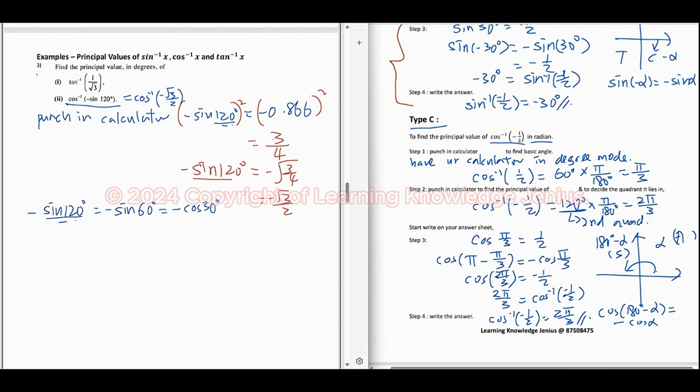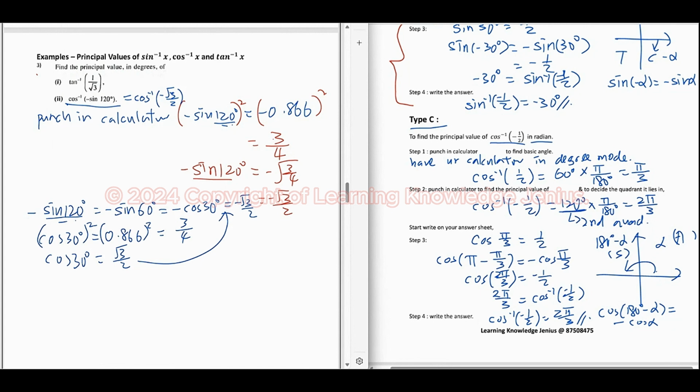But actually there's no point converting to negative cosine 30 degrees. You can just punch it into the calculator to get cosine 30 degrees. Similarly you get this, then you square it and get 3/4. Then cosine 30 degrees is actually square root 3 over 2. Subsequently, you substitute this value in, so you get negative square root 3 over 2.